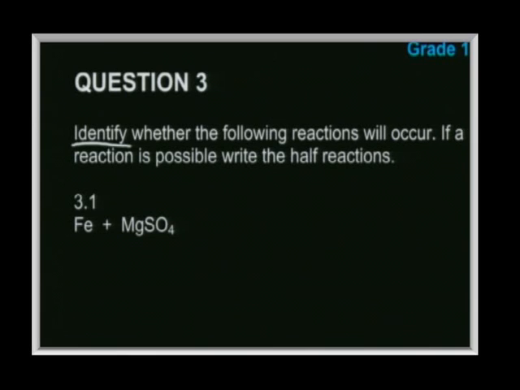Also be very careful when you do this that you are able to refer back to your standard reduction potential chart. We don't have the full chart over here, so I'm just going to give you a brief example of what you can expect.